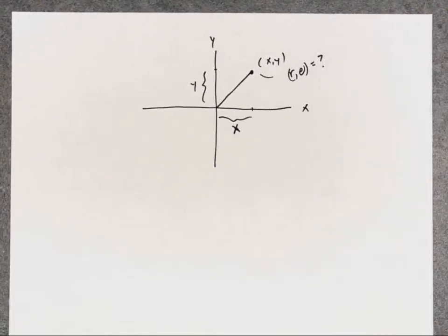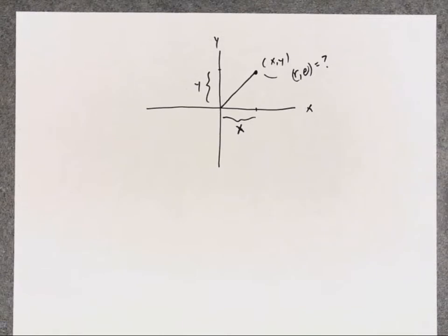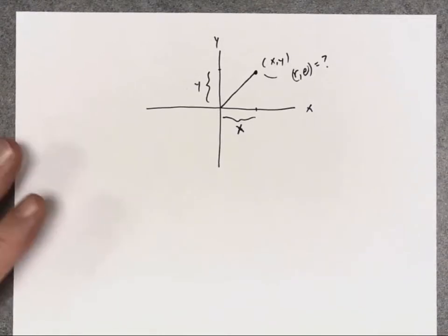If I'm given the XY, how can I write it in polar coordinates r theta?